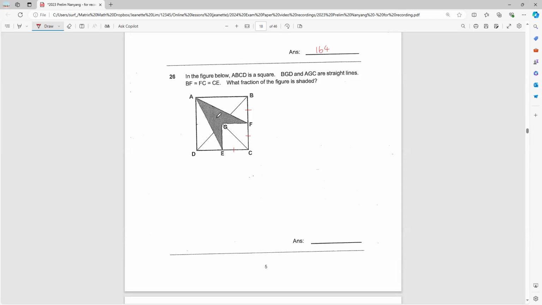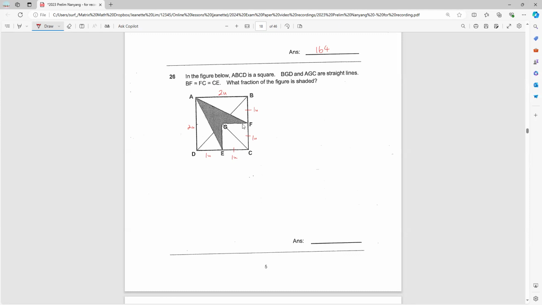Okay, so what we'll do is I'm going to treat this as like 1 unit. 1 unit. So this must be 2 units. 2 units. 1 unit, 1 unit. So I'll take the area of the whole square, minus away the 2 triangles plus the small square, in order to get the shaded part.